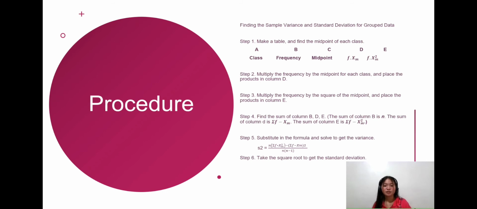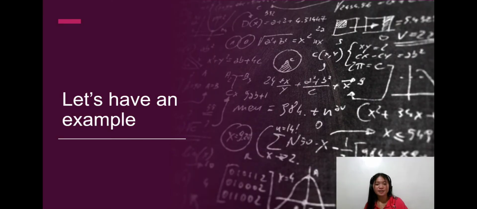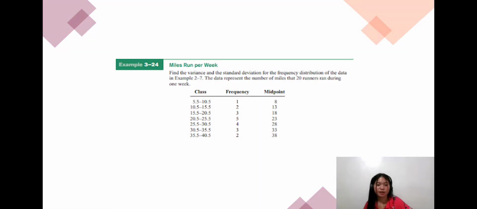So, next, let's have an example. Find the variance and standard deviation for the frequency distribution of the data. In example 2-7, the data represent the number of miles that 20 runners run during 1 week.